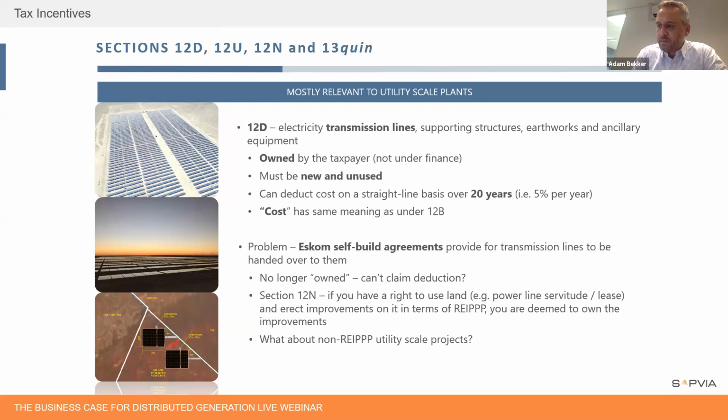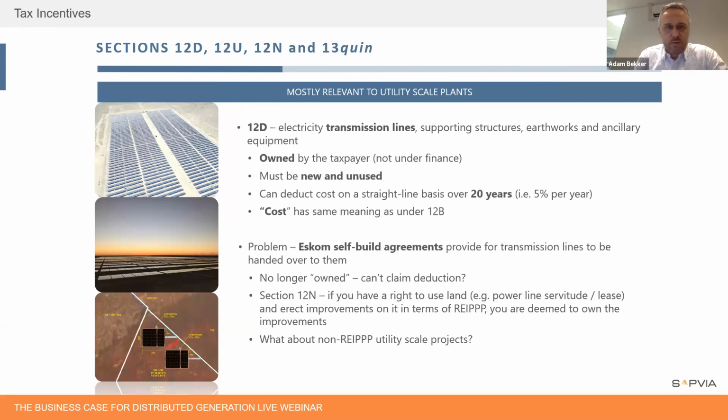I guess what you're thinking of there is sort of utility scale plant with a SCADA or control room, or perhaps a workshop and spares store. I won't go through those in detail. Generally, for electricity transmission lines and buildings, you can write the cost off over 20 years. And then for roads and fences, you have to have a plant larger than 5 megawatts, but then you can deduct the cost in the year in which you incur the expense on a once-off basis.